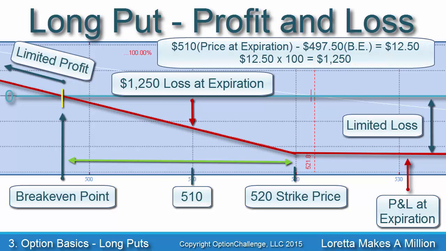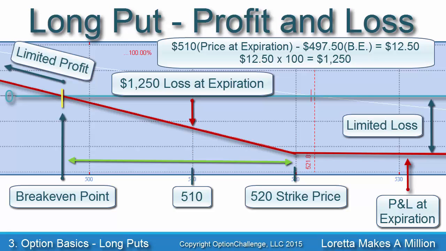You subtract $510, which is the price of Google at expiration, from $497.50, which is the break-even point, which would equal $12.50. $12.50 times 100 shares of Google would equal a loss of $1,250. This graph represents the general profit and loss graph of long puts.